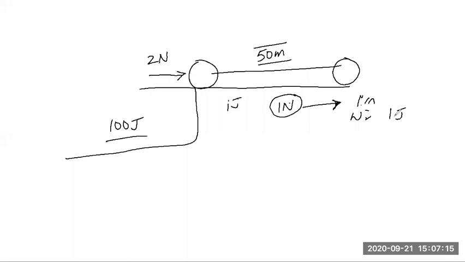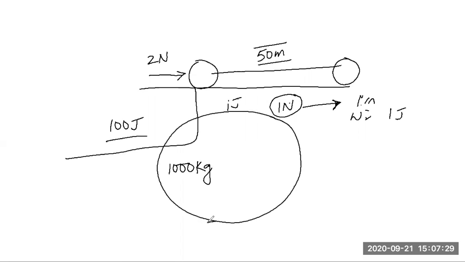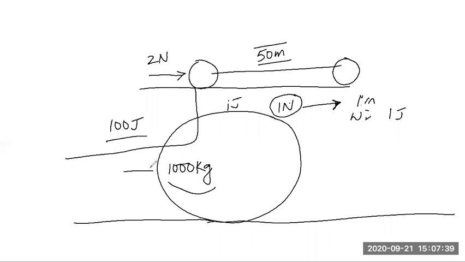Now, from this, there's another question which arises. You might ask, sir, suppose there is a body of mass 1000 kg. It's a big body, sitting on a table or on some platform. Can you say, sir, that you can apply 1 Newton force on this and move it by 1 meter so that you can say the work is 1 joule?